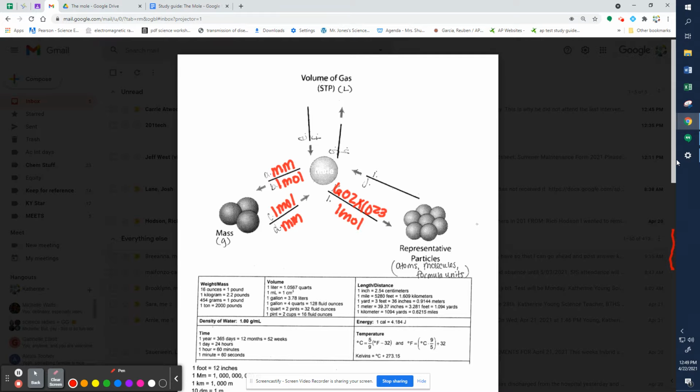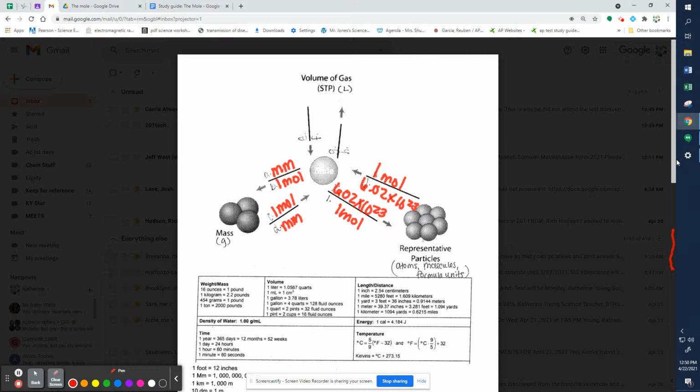If we do the opposite, if we go from particles to mole, on the top, we have 1 mole, and on the bottom, we have 6.02 times 10 to the 23rd. Remember, particles can be anything in atoms, molecules, or formula units, depending on if we're talking about an element, a molecule, or a compound.